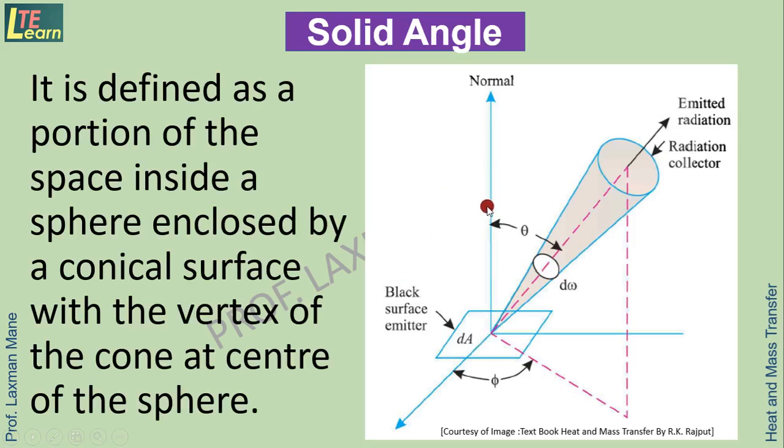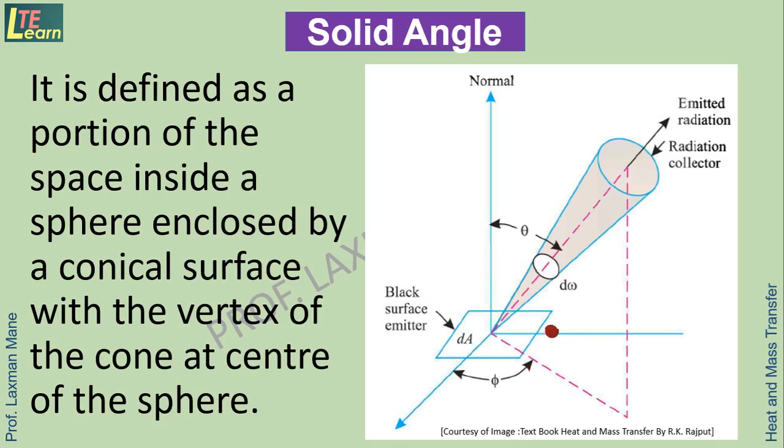So solid angle is defined as a portion of the space inside a sphere enclosed by a conical surface. Here we see this d omega. This is the portion of the space inside a sphere enclosed by a conical surface.